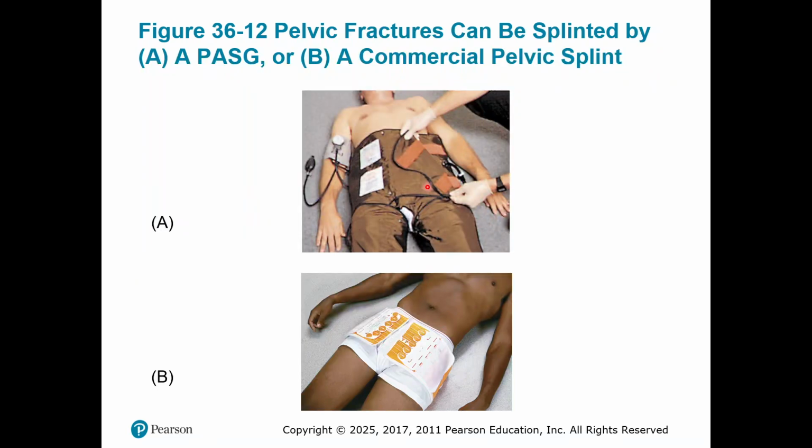But they made for a great thing to stabilize a pelvis. If you had a pelvis fracture, they were the best. And then image B here is what they call a pelvic girdle. We've talked about getting those to help stabilize pelvis fractures.